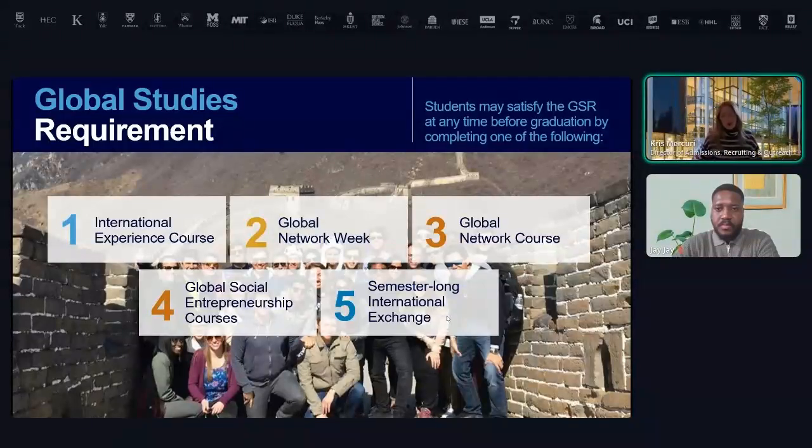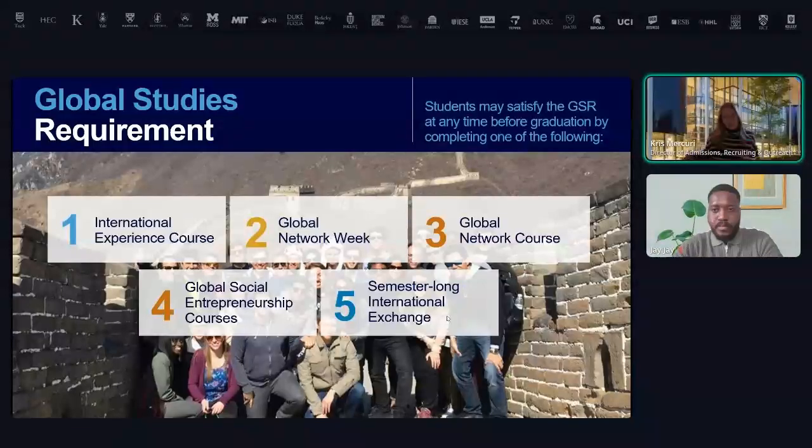Another example I'll pull out is option 1, International Experience course. We lovingly refer to this as IE. This is a little bit more typical to what some of our peer schools do. It's Yale faculty led, and it's you and your Yale peers going to a region of the world where you really get a boots on the ground immersive experience.